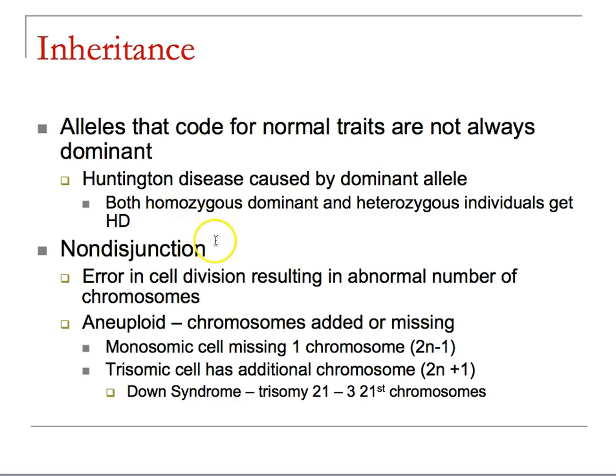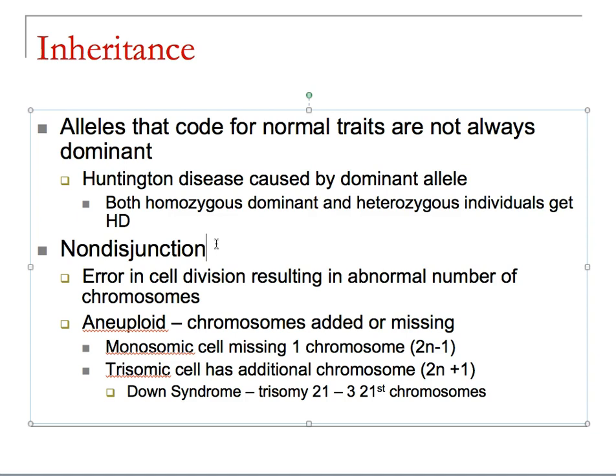Whoops, let's go back to this. Imagine, if you will, when we're going through our normal mitotic events, if you pull the number of chromosomes, so you actually have the wrong number of chromosomes inside of the resulting sister or daughter cell, right? You now actually have a missing chromosome, or you have an additional chromosome.